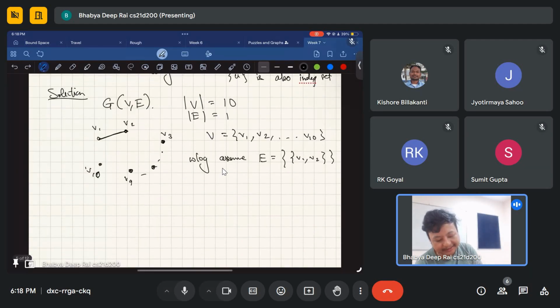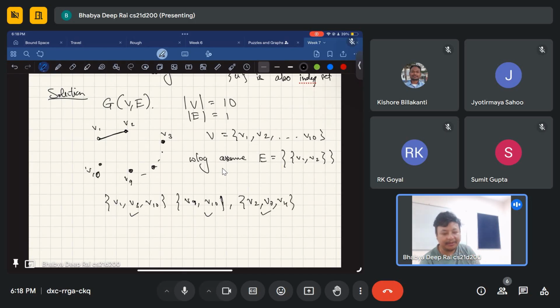But what do you realize? Let me take an example. Let's say I take v1, v3, v10. This is an independent set. If I take v9, v10, this is an independent set. Even if I take v2, v3, v4, this is still an independent set. None of them have an edge between them.